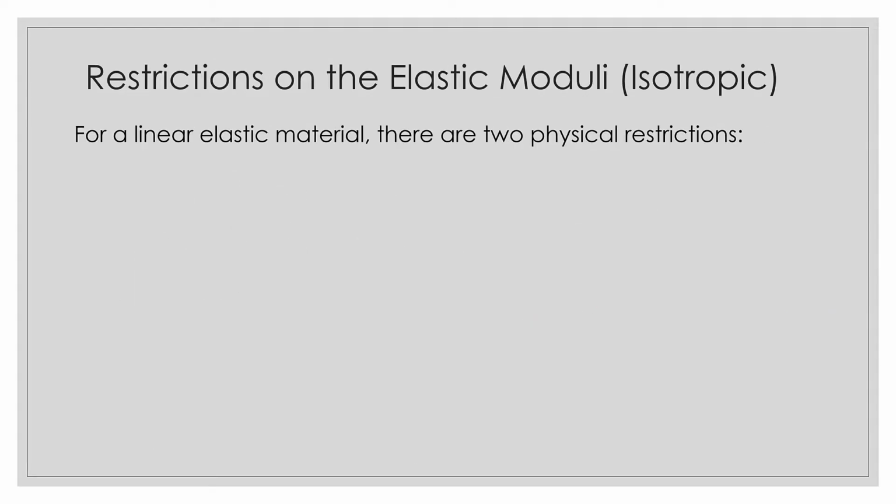All right, so let's go towards the topic that we're discussing this week, and that is the restrictions on the elastic moduli. As a reference, let's think about that big elasticity tensor C. We said in its most general form, it had 81 components.